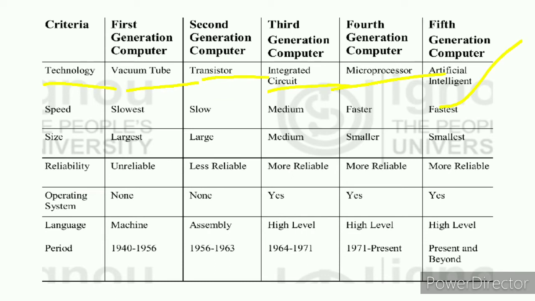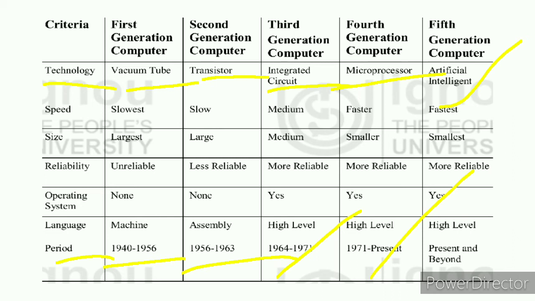You can see the period also: 1940 to 1956, 1956 to 1963, 1964 to 1971, and present and beyond. Other than that, I think everything else is not that relevant.